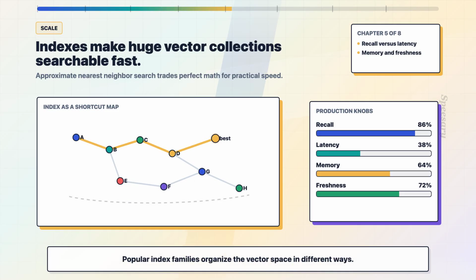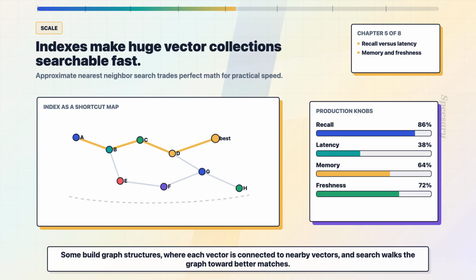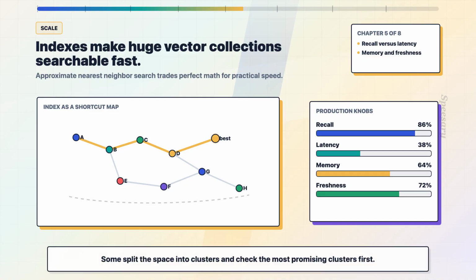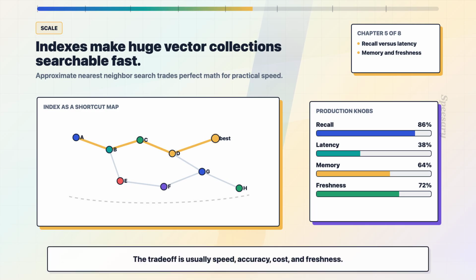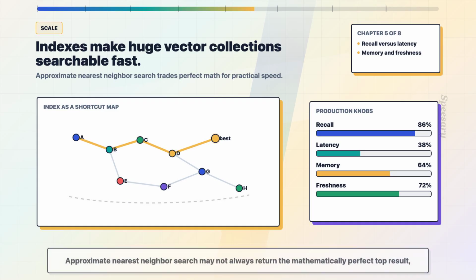Popular index families organize the vector space in different ways. Some build graph structures, where each vector is connected to nearby vectors, and search walks the graph toward better matches. Some split the space into clusters and check the most promising clusters first. Some compress vectors so more of them fit in memory. The trade-off is usually speed, accuracy, cost, and freshness.